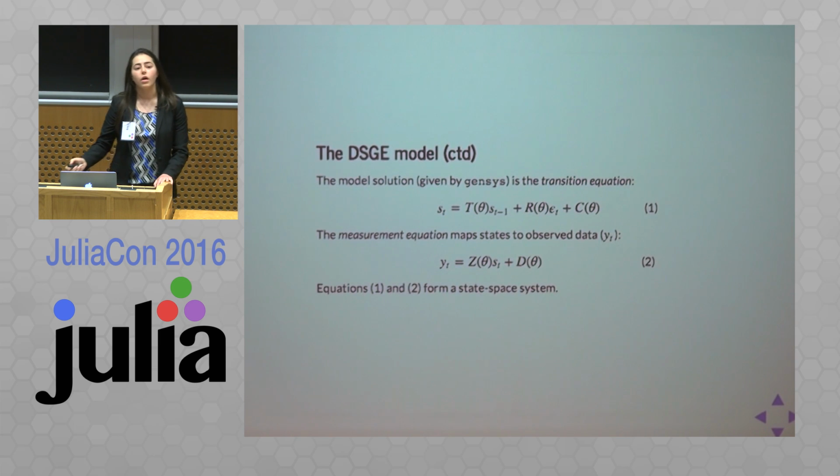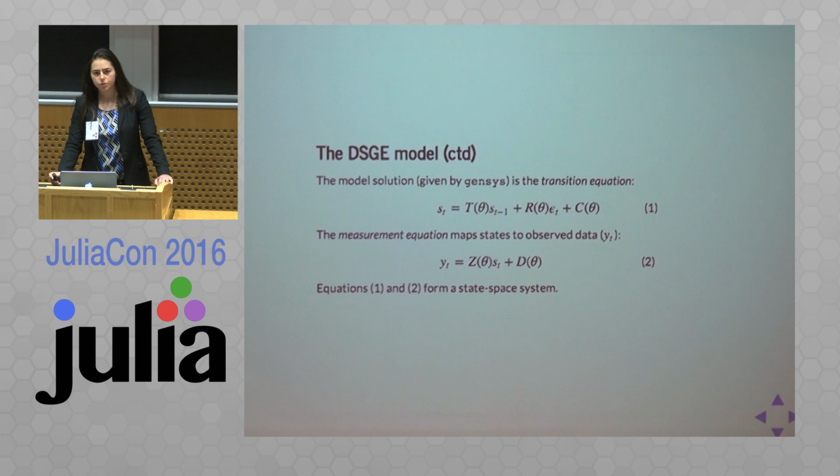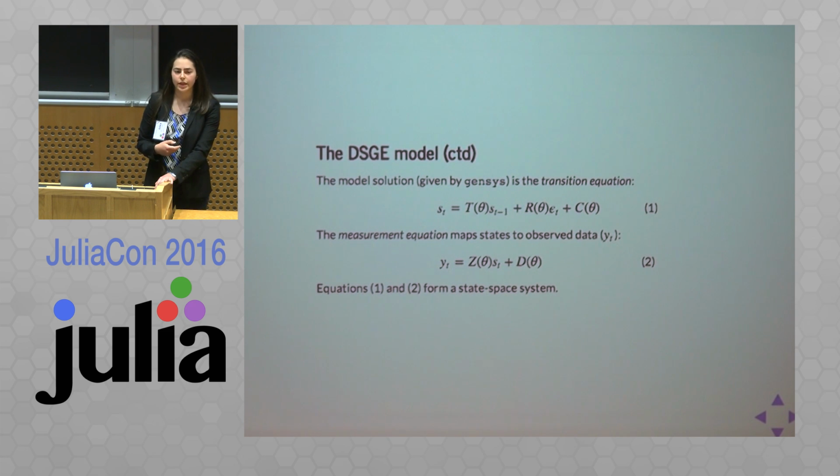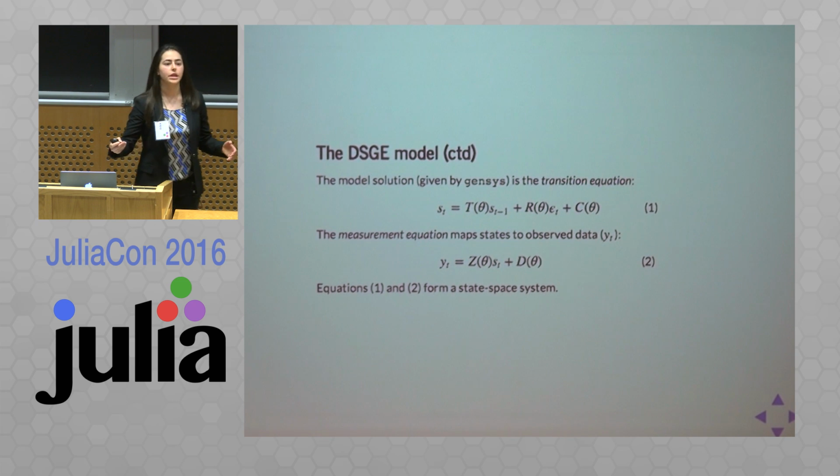The solution to the model is given by an algorithm called gensys, which is due to Chris Sims. And the solution takes the form of this transition equation, equation 1. So that's a transition equation that tells us if we're at time t minus 1, and we have some vector of states, how we get to time t.